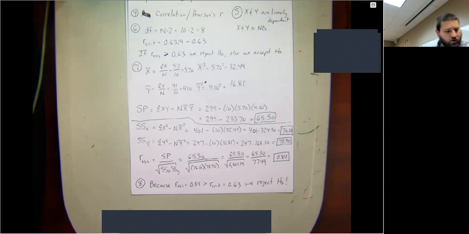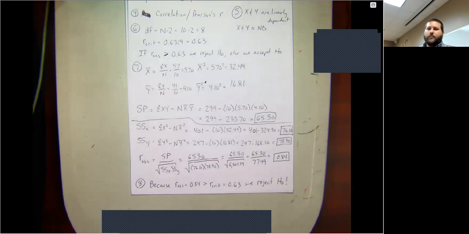So this is a strong positive correlation between the distance from school in miles and the number of clubs joined. And because it's positive, we could say the greater the distance in miles that you live from school, the more clubs you join, or vice versa. The more clubs you join, the further from school you live.